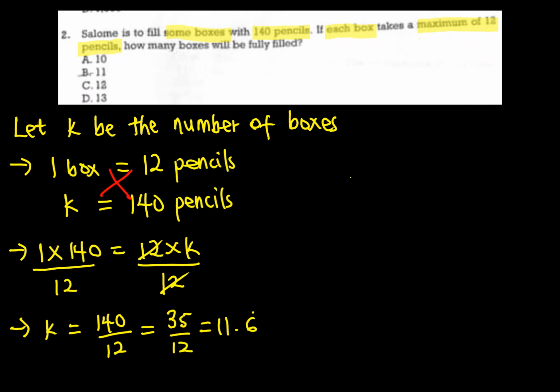So the dot means that the 6 keeps on going, and the same as 11 whole number, 2 out of 3. Now let's pay attention to the answers here.